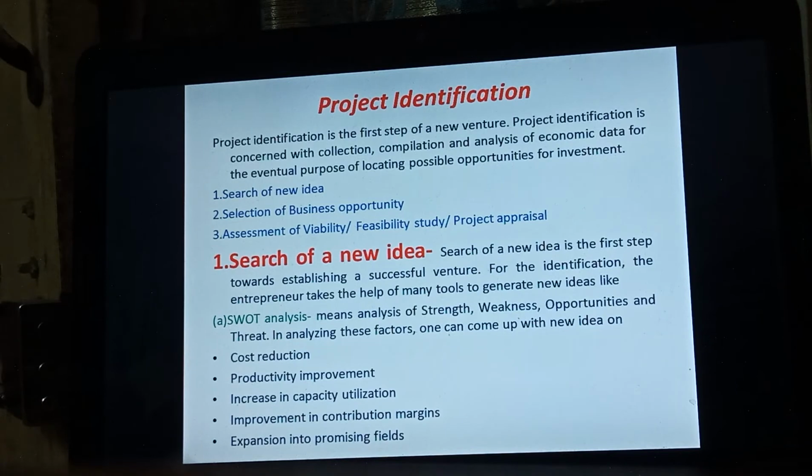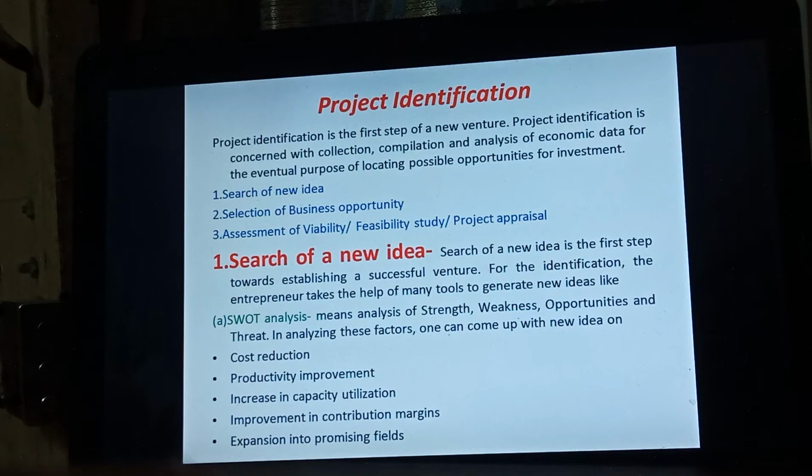So we will have to think from different angles, and in analyzing these factors, one can come up with a new idea on cost reduction. Suppose the present product is very costly, so we can also think of a new project on the basis of cost reduction. Productivity improvement: suppose we can improve the productivity with the new project. Next is increase in capacity utilization.